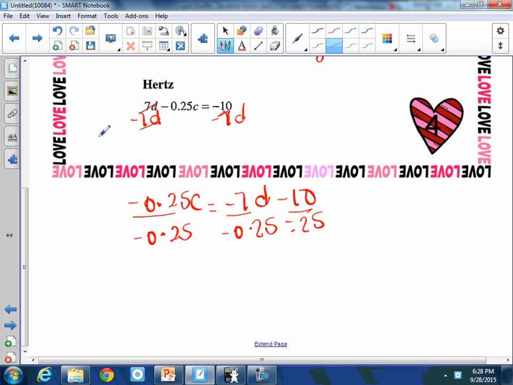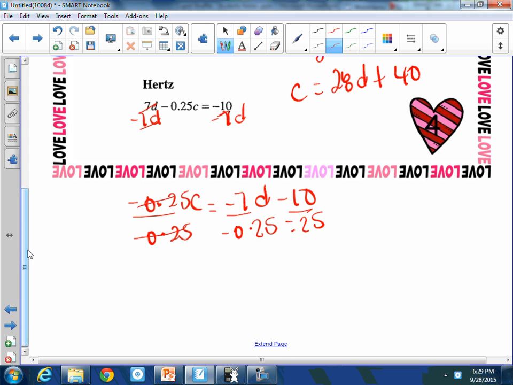So that cancels out, and you get that C, which is your Y, equals negative 7 divided by negative 0.25 would be 28, plus, and then negative 10, I'm sorry, divided by negative 0.25 would be 40.